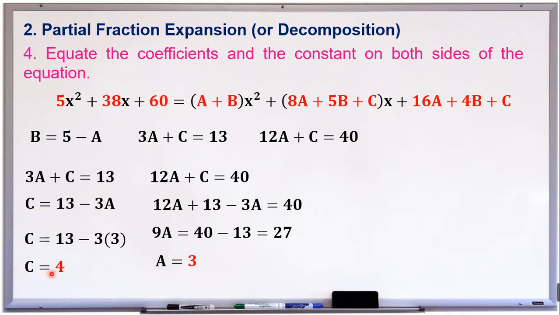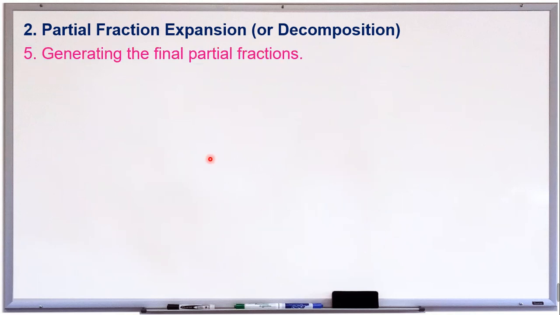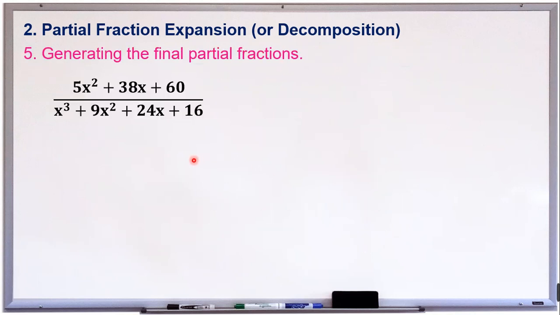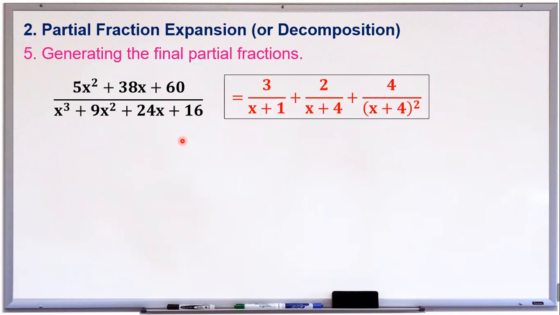Therefore, our B is equal to 2. Next is generating the final partial fractions. By using the values of A, B, and C, we have these partial fractions: 3 over x plus 1 plus 2 over x plus 4 plus 4 over x plus 4 raised to the power of 2.